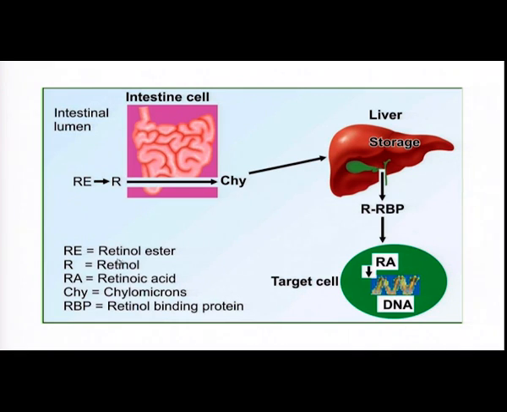So, you see over there retinol ester getting converted to retinol, then being oxidized further as retinoic acid and becomes chylomicron, and then you do have free retinol binding protein being regenerated to help in the transportation of vitamin A. So, this is a quick summary of what is happening, which I have dealt earlier in the previous slides.